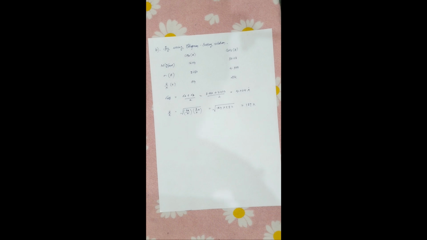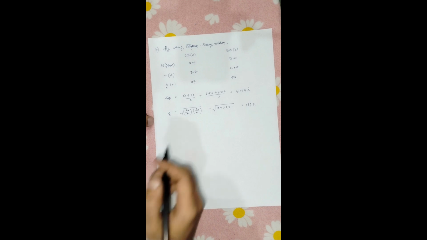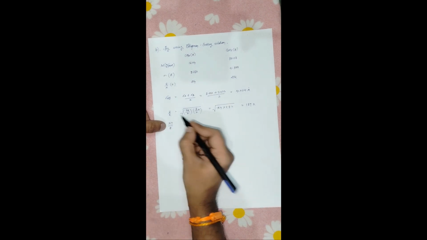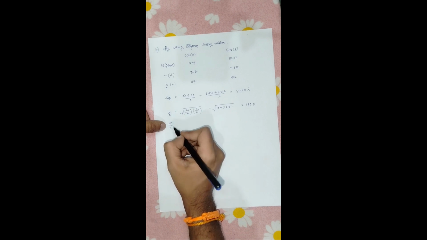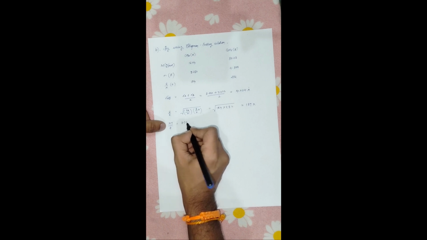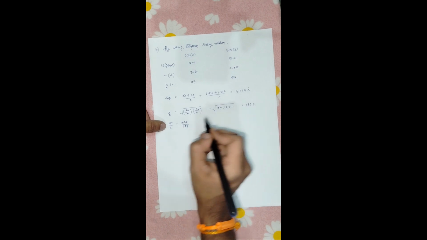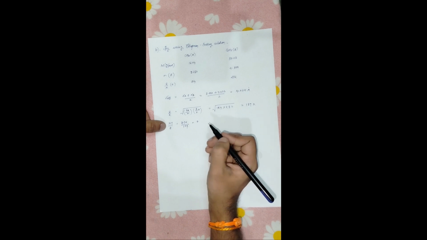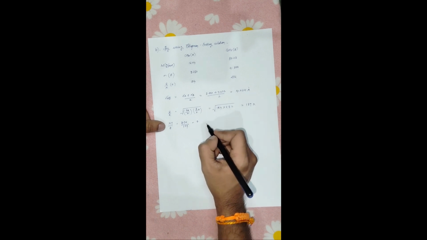Okay, so now for collision integral we have to calculate kT by epsilon. We have already got epsilon by k, but now we want kT by epsilon so as to have a collision integral. So we'll get this as 756 over 189, which we have got here. So this is 4, and now we have to use the table for the calculation of collision integral.